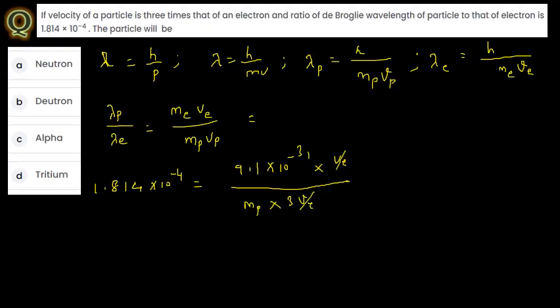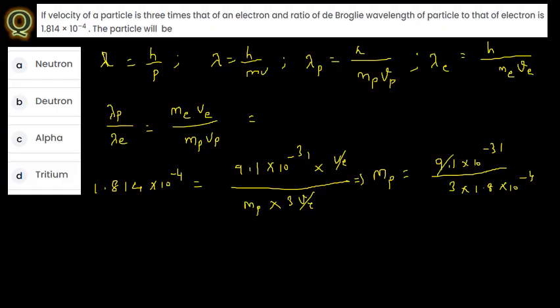So 3 will be cancelled here. From this one, the mass of proton will be equal to 9.1 into 10 power minus 31 whole divided by 3 and 1.8 into 10 to the power minus 4.